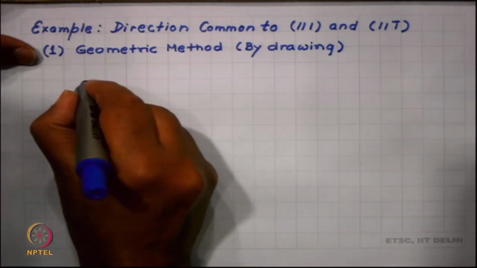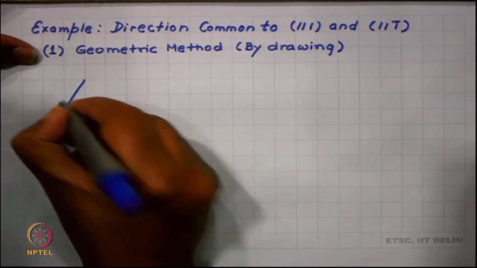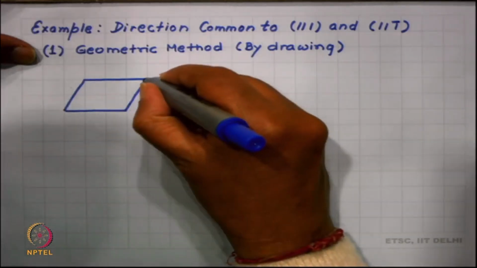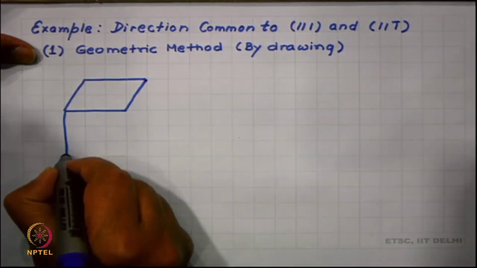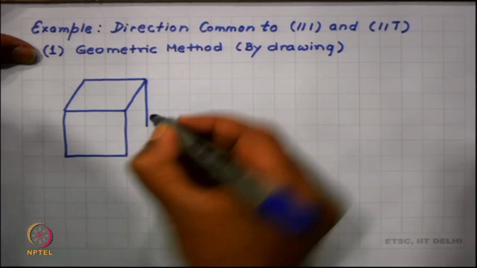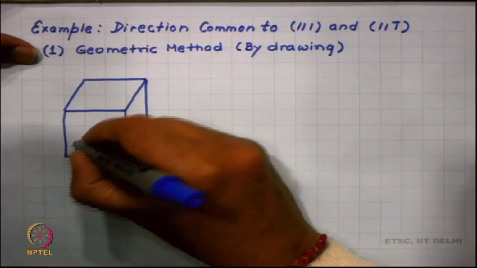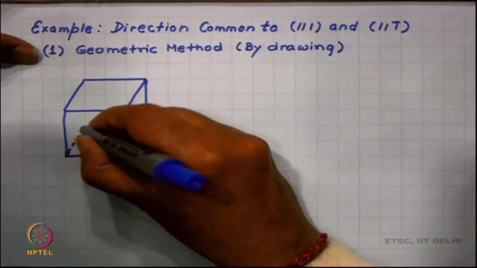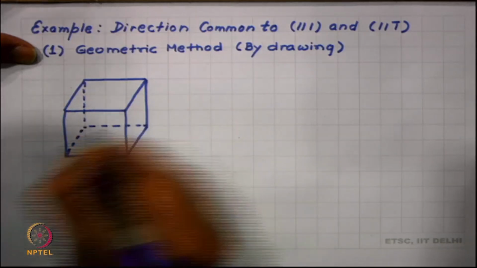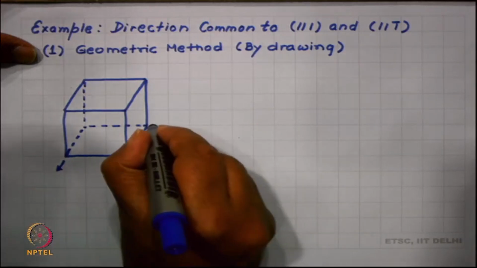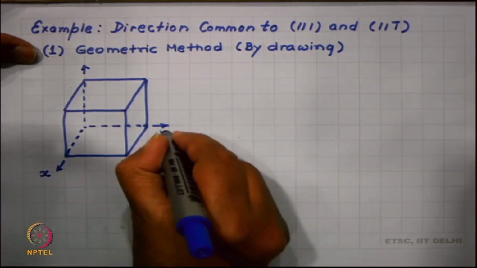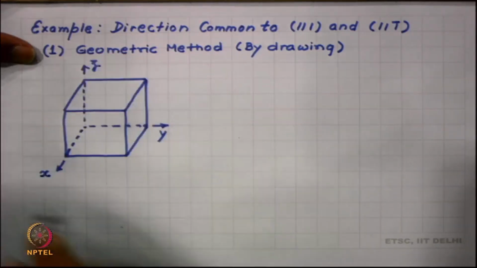So, let me draw a unit cell. So, this is my unit cell. Let us choose our axis convention. So, I am calling this x, this y and this z.